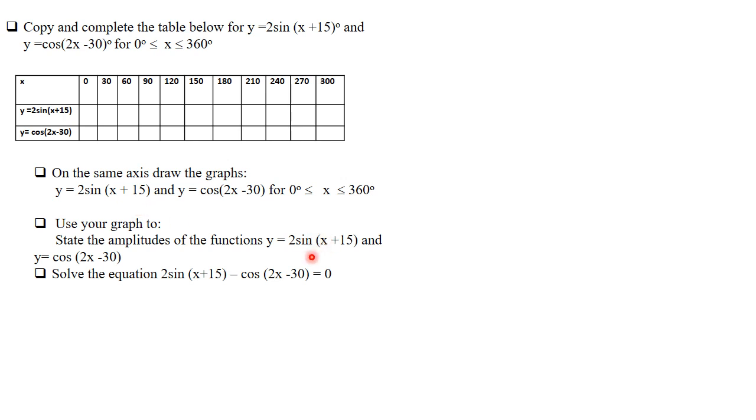That is y equals 2 sine in brackets x plus 15, and again y equals cos in brackets 2x minus 30. And also solve the equation that is given there. This is just what we have here, and the cos in brackets 2x minus 30 is also what you have there. And then you're told to solve the equation where this minus this other one is equal to 0. Let me take you through that.